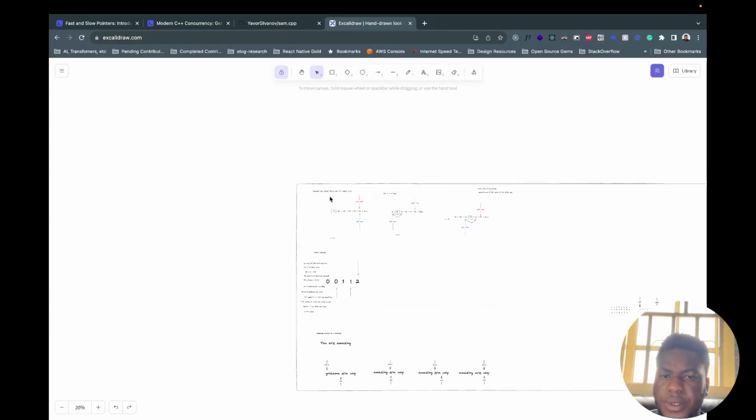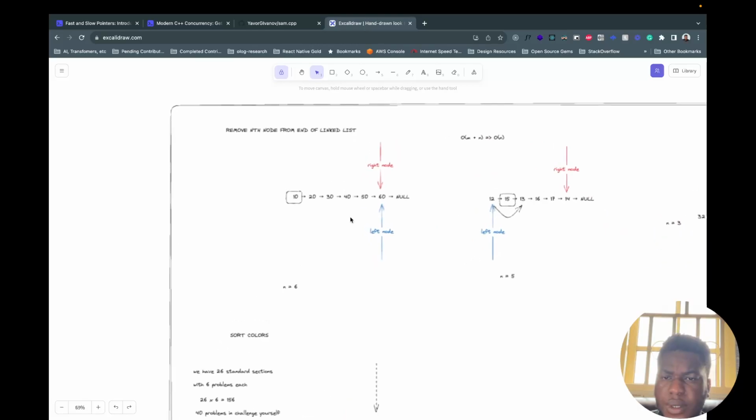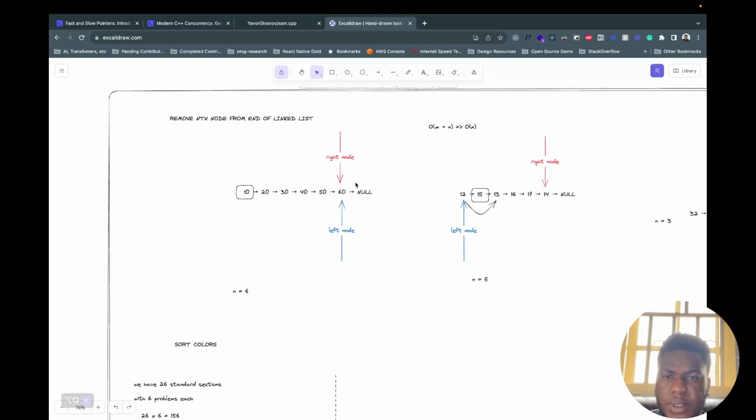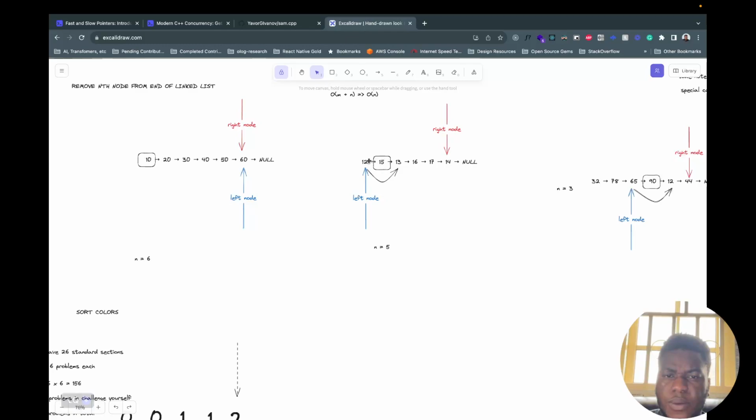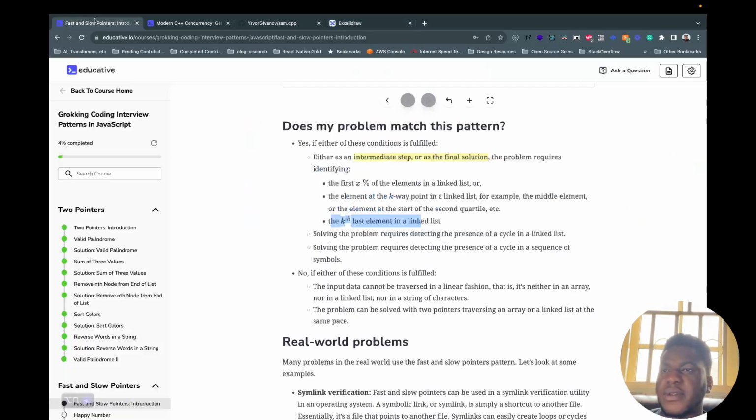I think it was here, nth node from the end. How did I explain it? Oh yeah. We move the right node n times, whatever n is. And then we move both of them step by step until the right node reaches the end, and then you get the nth node from the end of the list.